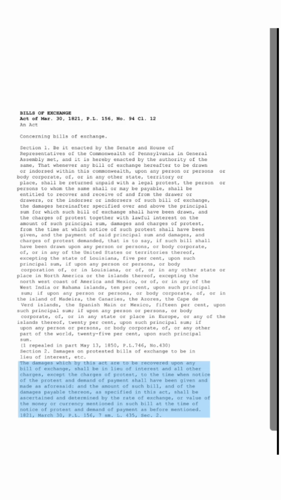L. 435, Sec. 2. Section 3. And be it further enacted by the authority aforesaid, that the Act passed in the year of our Lord 1700, entitled An Act Concerning Bills of Exchange, be, and the same is hereby repealed.